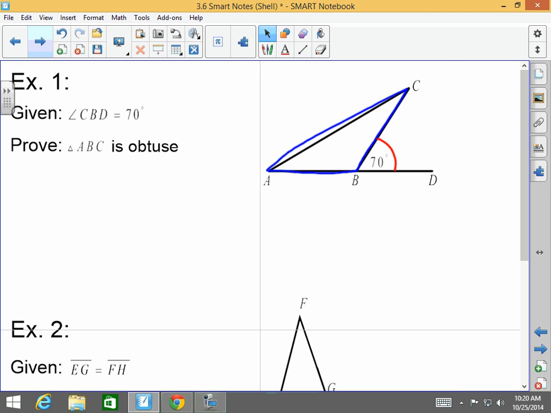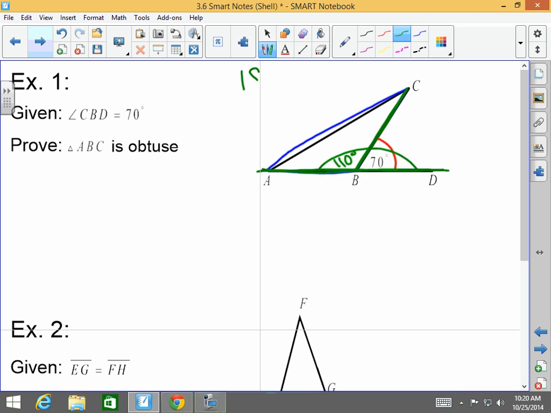If you remember, angle ABD here is a straight angle. That means that angle ABC and angle CBD must equal 180. And if they equal 180 degrees, that means that angle B here, angle ABC, there are three angle B's, so angle ABC is equal to 110 degrees.